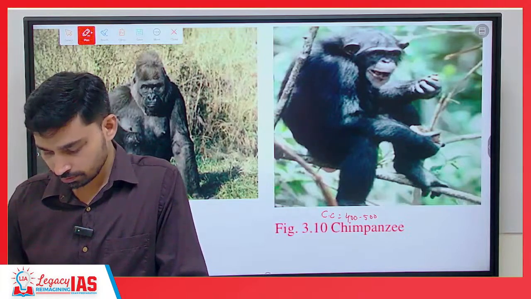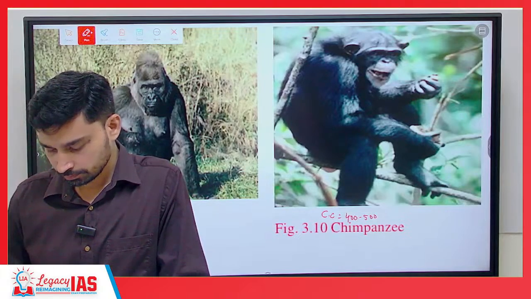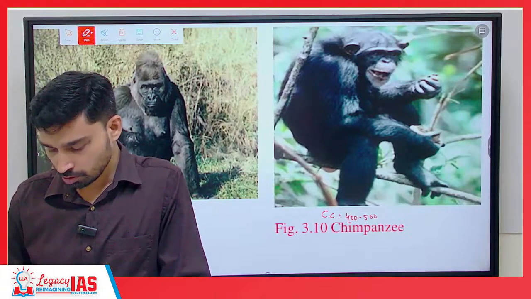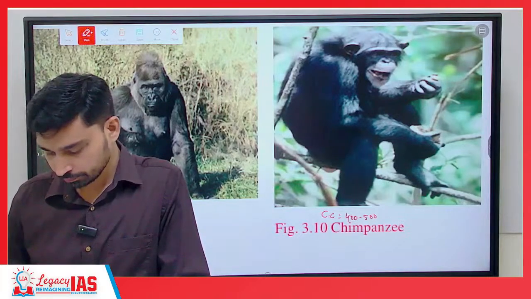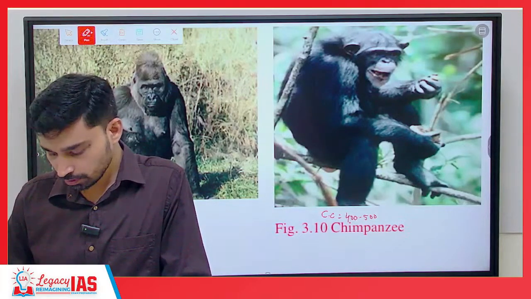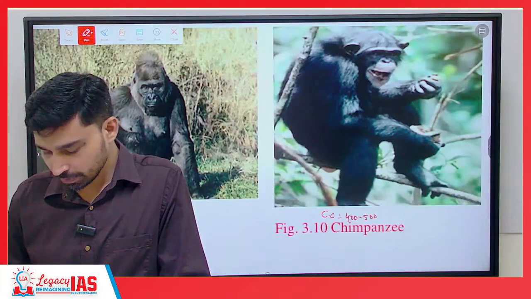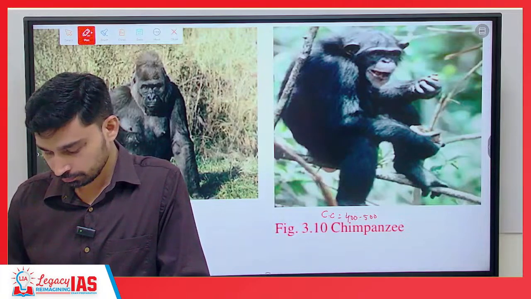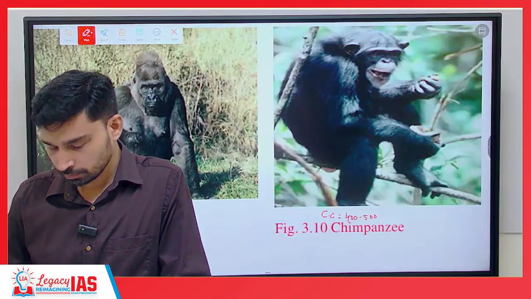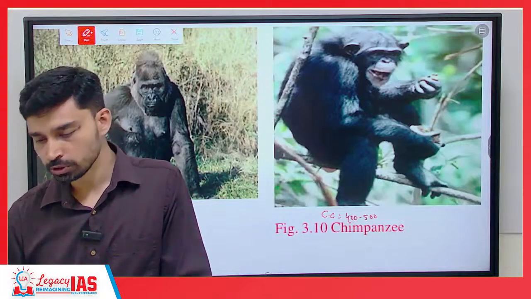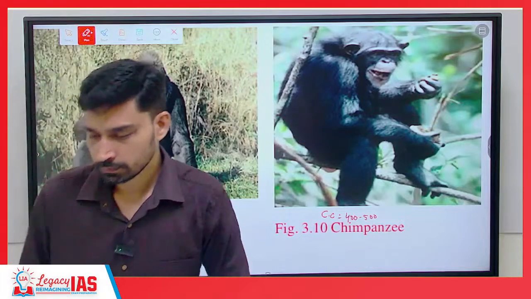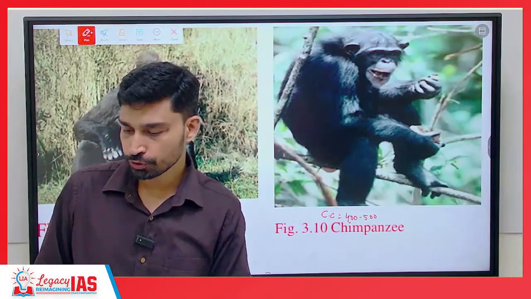Then next, they are able to be trained to use tools.